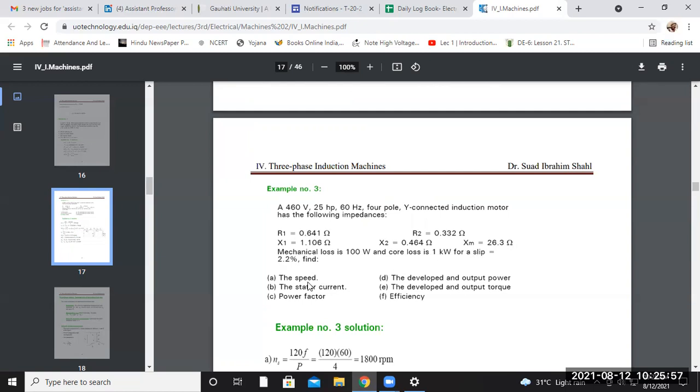First you have to find the speed. Then the developed and output torque, then the stator current, then the developed and output torque again, and the developed and output power.